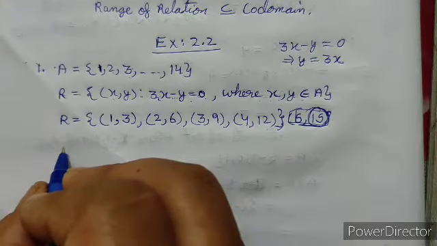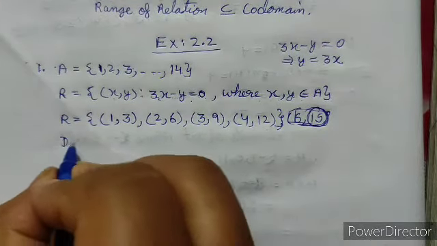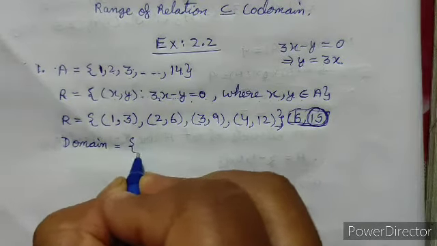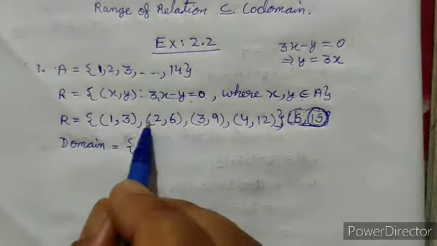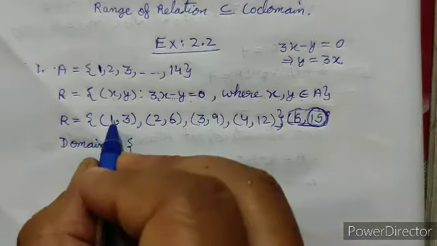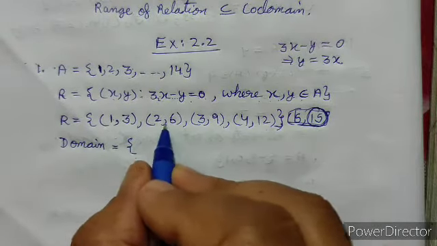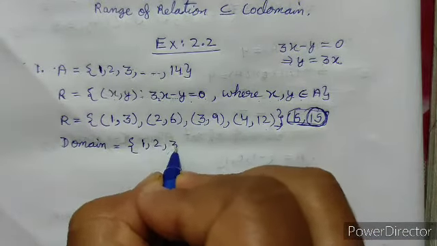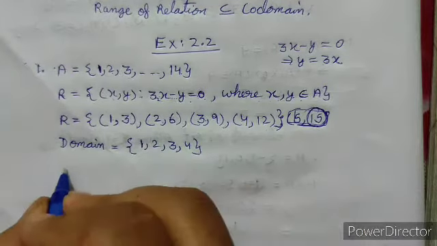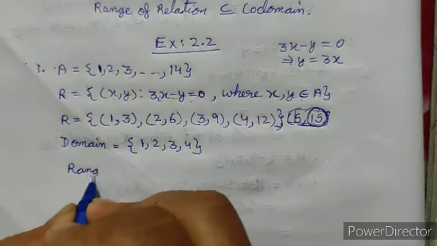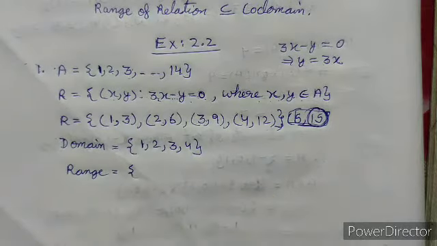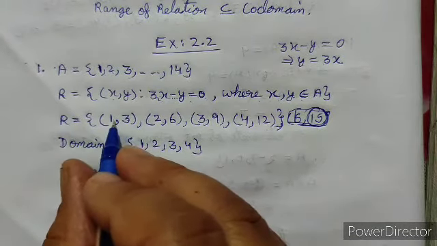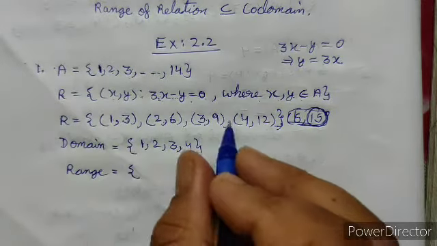Now here we have to find out the domain of the relation. The domain of the relation will be the set of the first elements of the ordered pairs, and here the first elements of the ordered pairs are 1, 2, 3, 4. Now the range. A range is the set of second elements of the ordered pairs of a relation, and here the second elements are 3, 6, 9, 12.